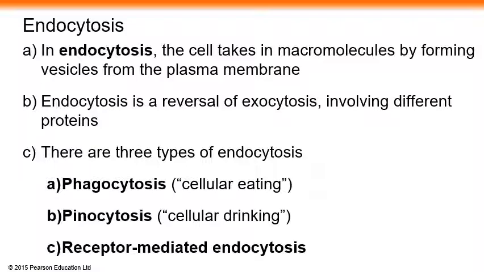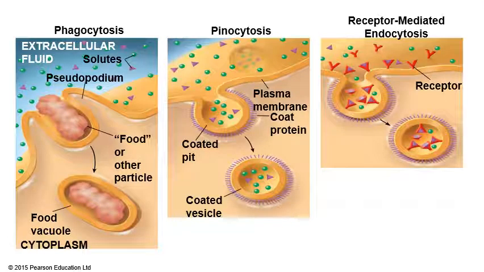Pinocytosis: pino means drink, so cellular drinking. And the last one is receptor-mediated endocytosis. This one is showing endocytosis. First one, phagocytosis. Second one, pinocytosis. And last one, receptor-mediated endocytosis.